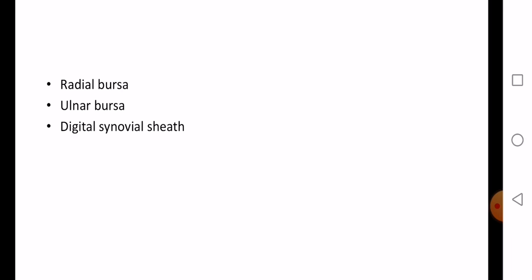The synovial sheaths are structures enclosing the flexor tendons, not the muscles, the tendons. So you have two bursae, the radial bursa, the ulnar bursa, and the digital synovial sheaths. Let us look at these structures and their relation with the palmar spaces.